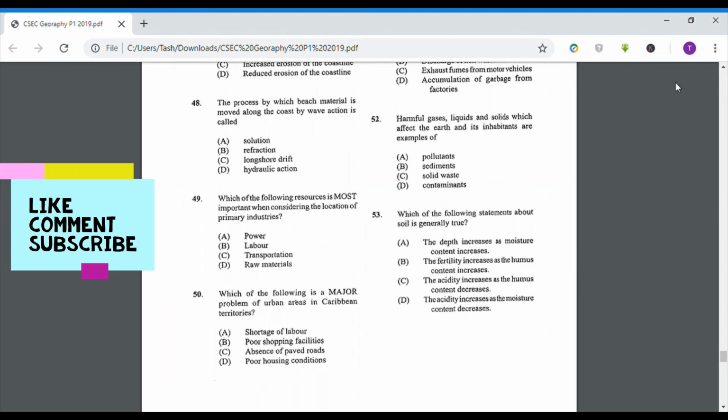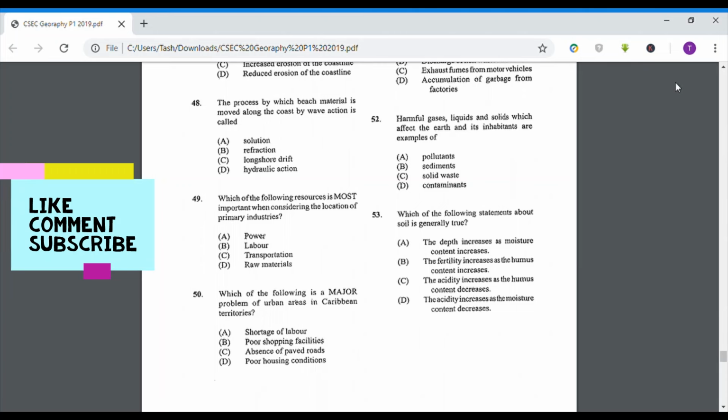Pollutants are harmful substances that are found inside the environment. Contaminants are basically the same thing that are found inside the environment as well. The main difference is that pollutants is always a harmful substance, whereas contaminant is not always a harmful substance.